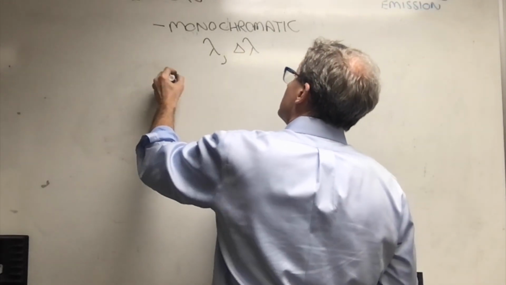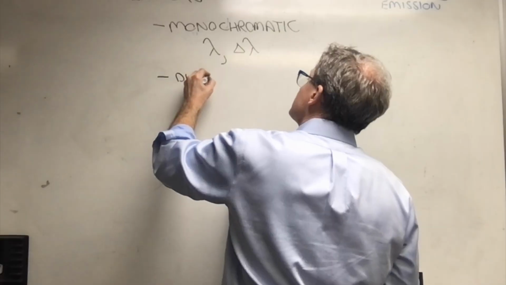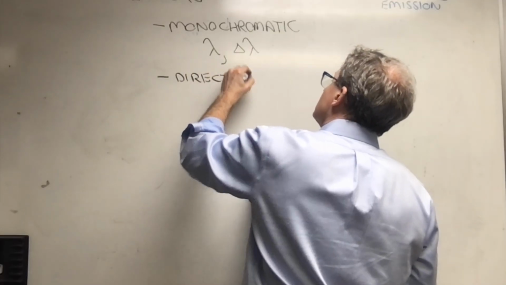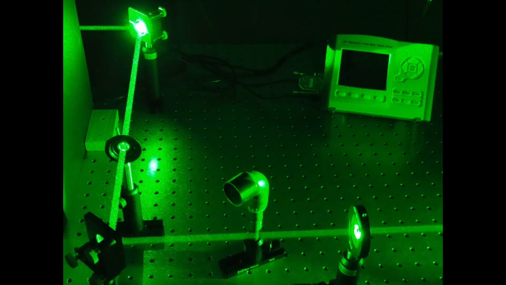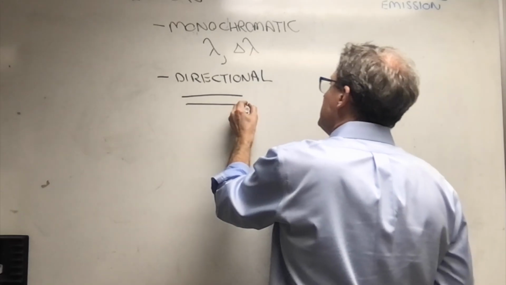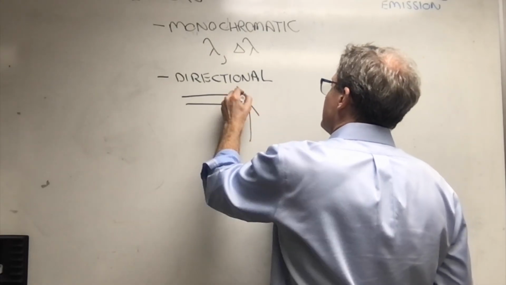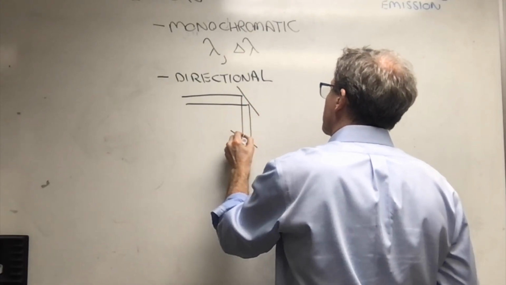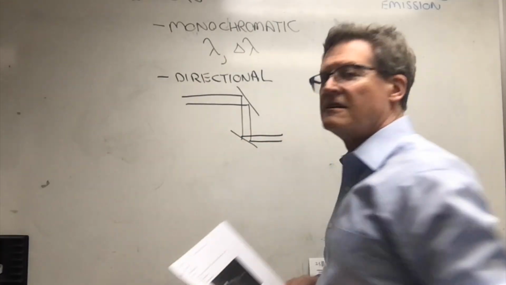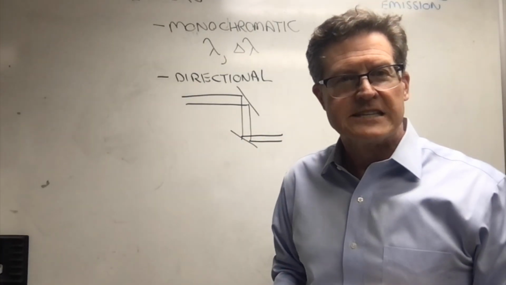And if we operate them in different modes, we can really get that wavelength defined very well. Now, lasers are also directional. That is, we get a laser beam, and a laser beam can be bounced off of mirrors and propagated very accurately. We know exactly where it goes.